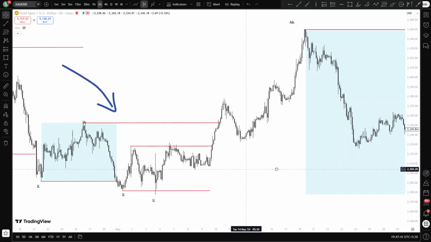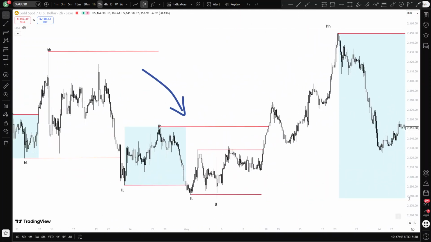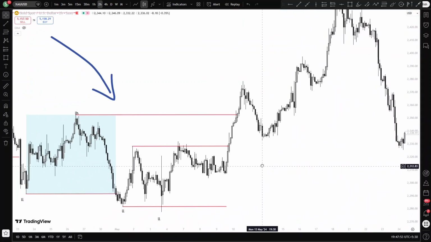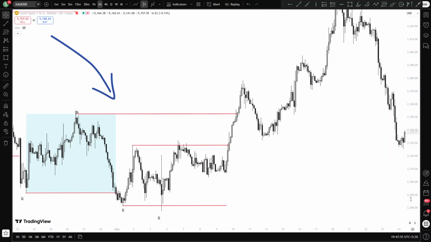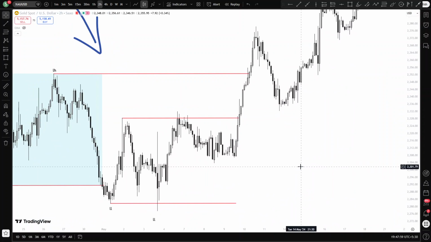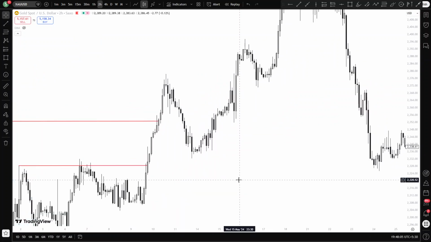So it doesn't mean that you cannot mark these as your structure. It depends on taste. There are some people who do not use Fibonacci retracement to mark their structure, and there are some people who do. As for me, to mark a high, I need to see two things.